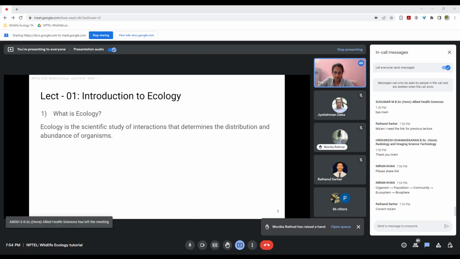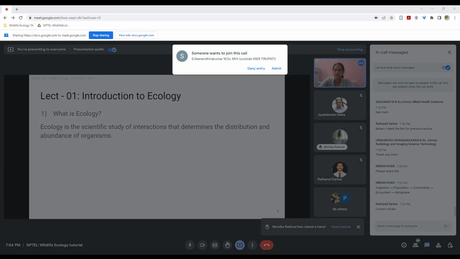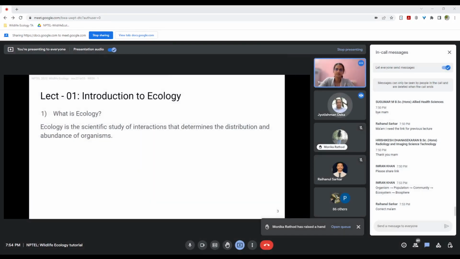So I think Imran has written out everything in the chat box. Thanks for that. I don't have a slide for this, but what is the next level? What is a community? A group of populations makes a community. Right, and populations of different species. Correct.